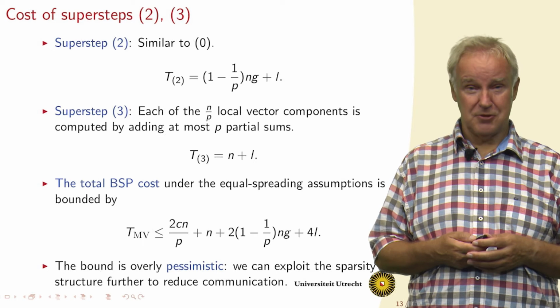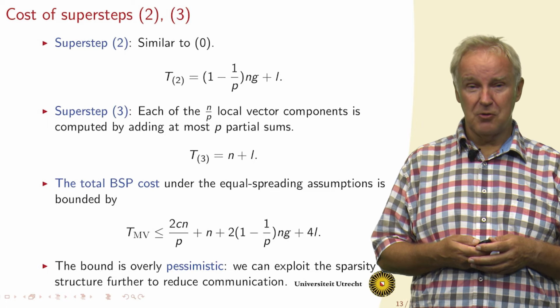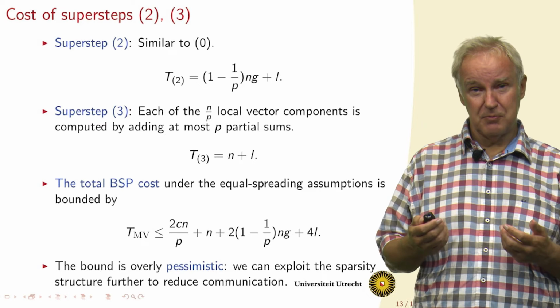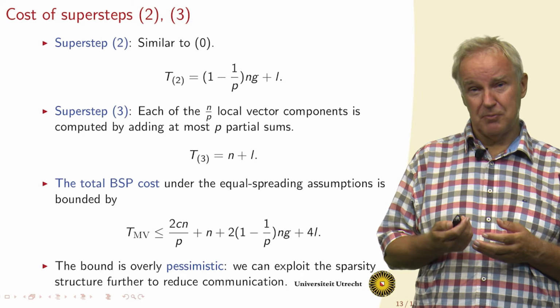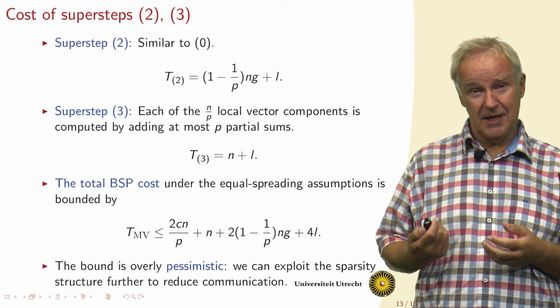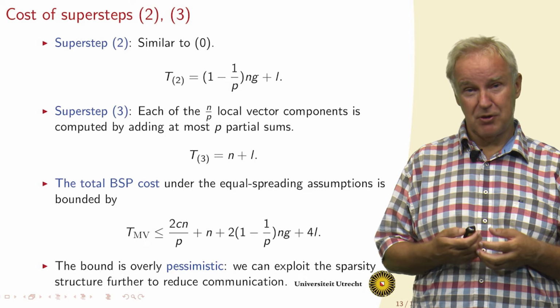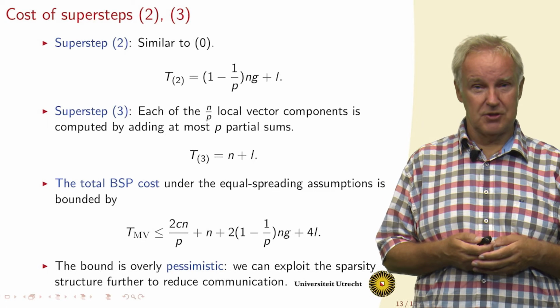And the last superstep, superstep 3, there we add all the local contributions of the different processors. So each may contribute n over p elements, and we have p processors.